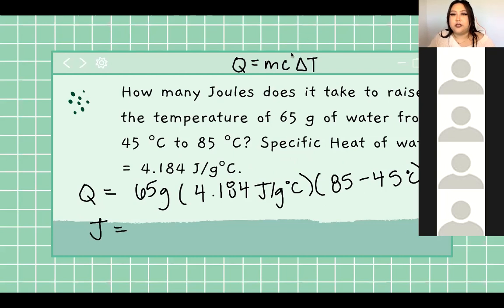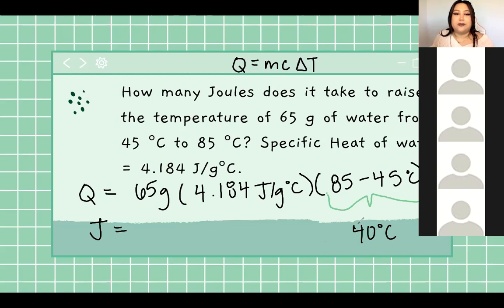So first, we would do this, right? Which I believe someone had already put in the chat. I think 40, yeah, 40 degrees Celsius. And since they both have no decimal spot, this is correct.